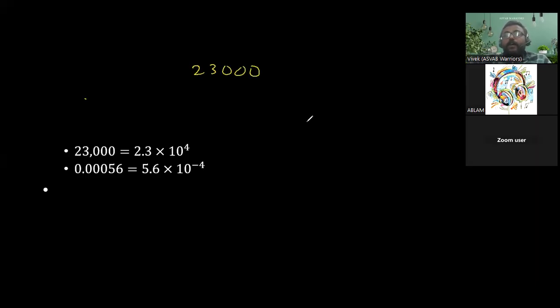So 23,000. First thing that you need to identify is whether this number is greater than or less than 1. Yes, it is greater than 1. Next, you have to take one digit to the left hand side of the decimal. Here there is no decimal, so let me put one over here. 1, 2, 3, 4.